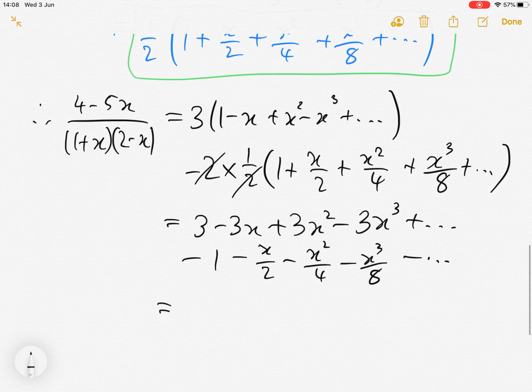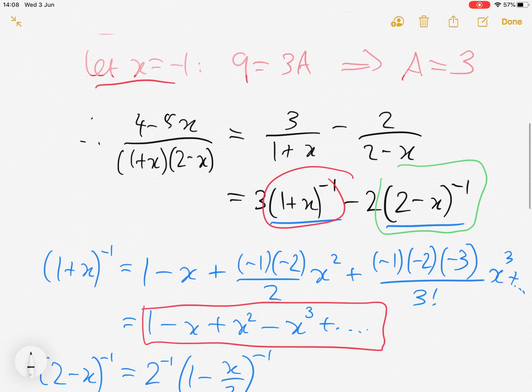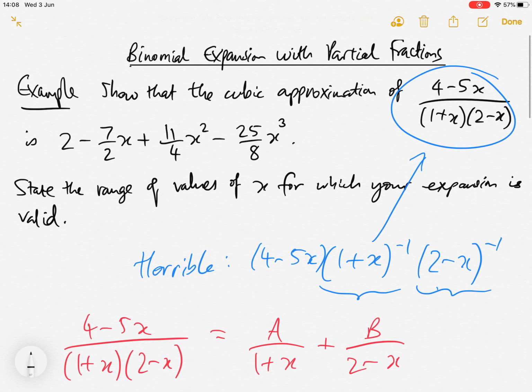And this gives us 2. Then minus 3 minus a half is minus 7 over 2. 3 minus a quarter is 11 quarters. And minus 3 minus an eighth is minus 25 eighths. So this is the answer. And hopefully this agrees with what we're asked to show in the question, which we can see it does.